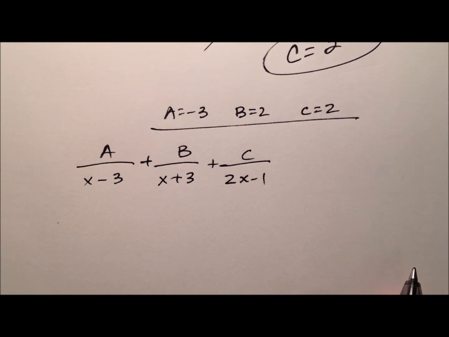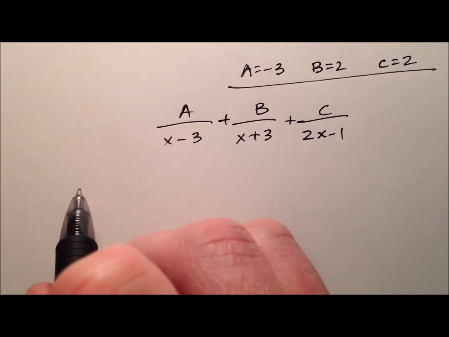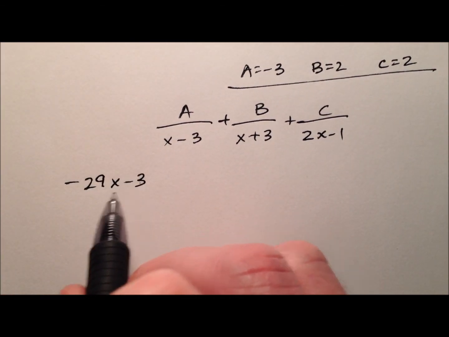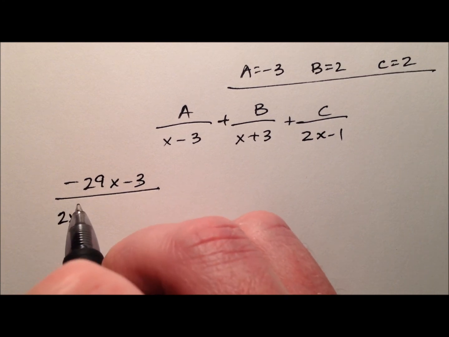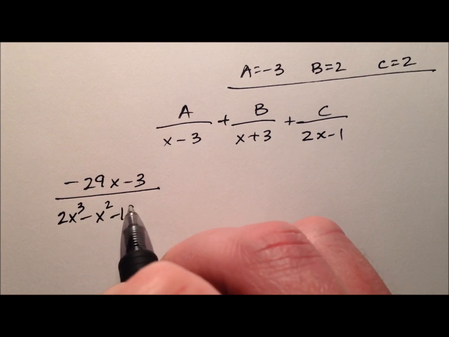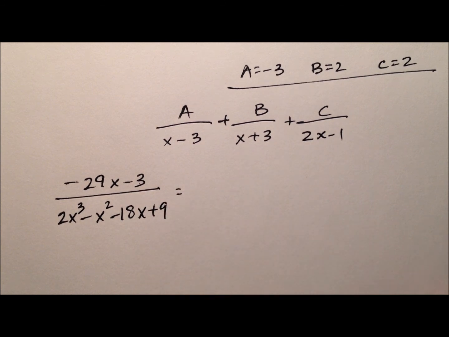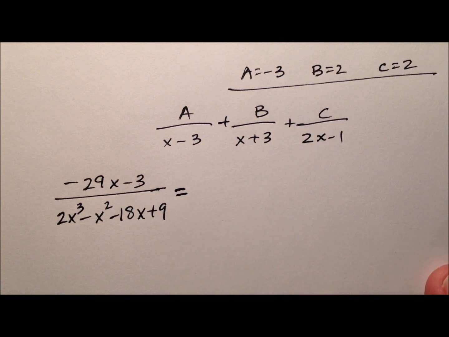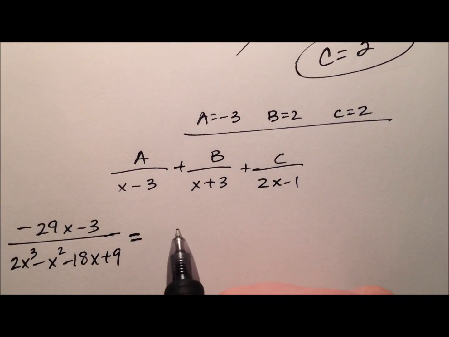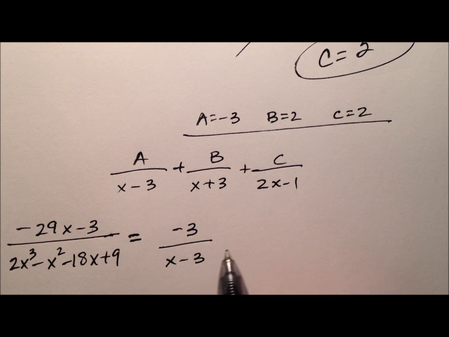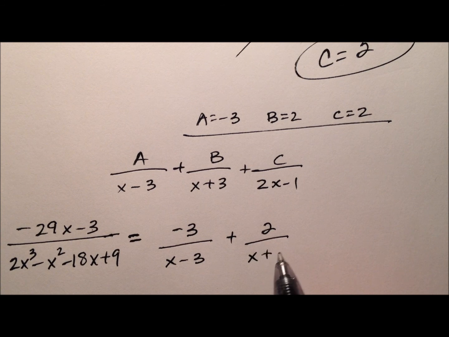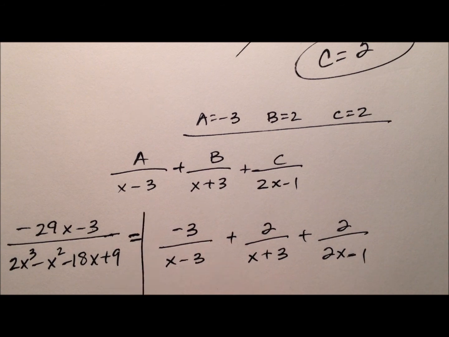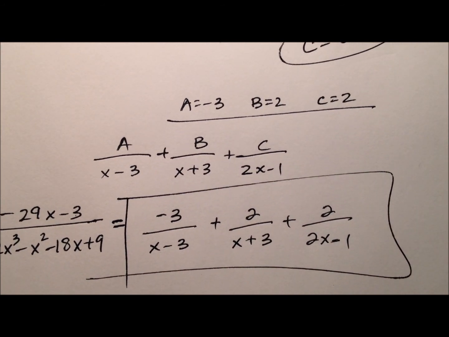And since now I know all those values, I know that my fraction, negative 29x minus 3 all over this 2x cubed minus x squared minus 18x plus 9 equals, okay, so here was our original little rascal, and its partial fraction decomposition is negative 3 over x minus 3 plus 2 over x plus 3 plus 2 over 2x minus 1. Okay, right there is what I have for the answer for the third and final example for this video.